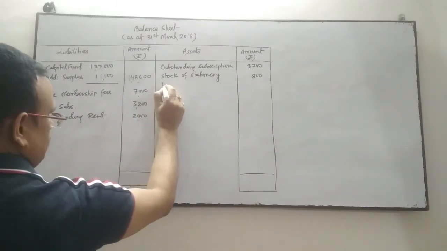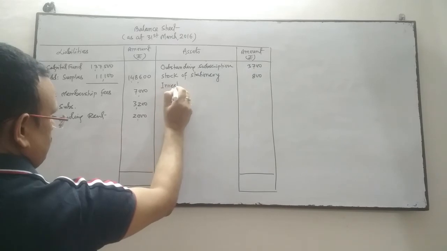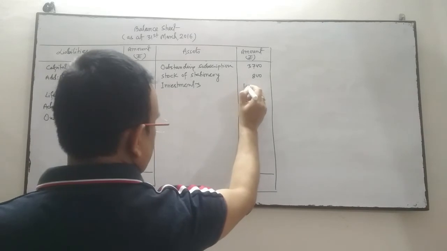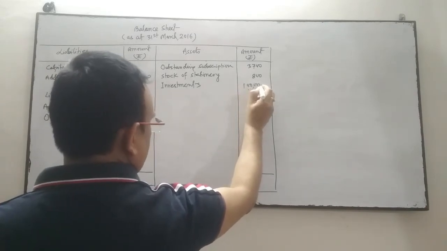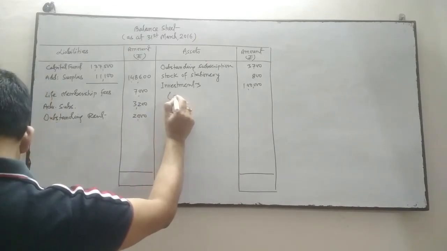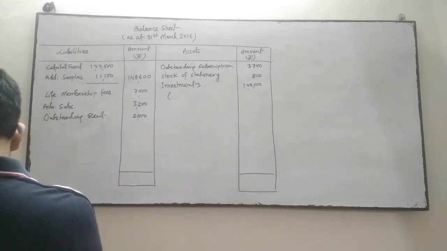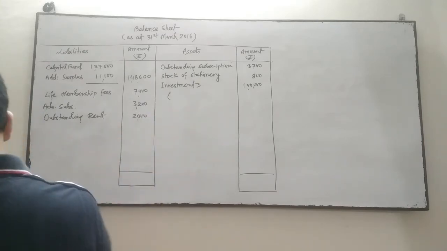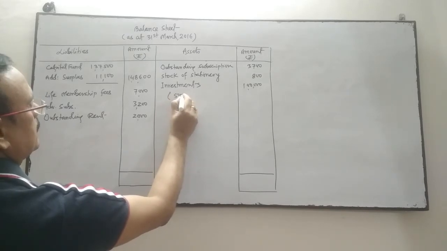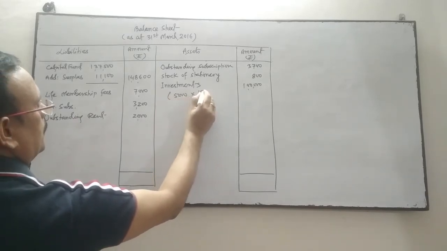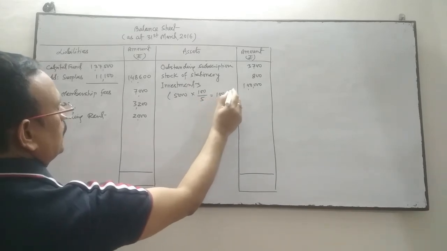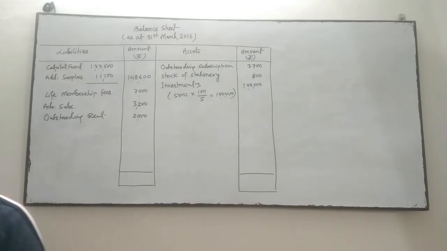Investment, 1 lakh. We have done the working already related to investment. This was like this. Interest on investment was 5,000 into 100 upon 5 is equal to 1 lakh. We have done the working already related to this.